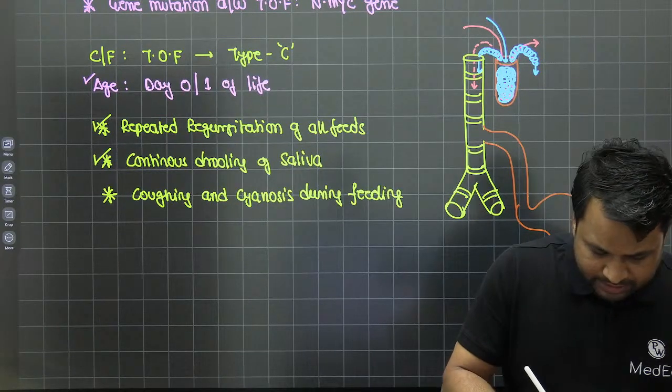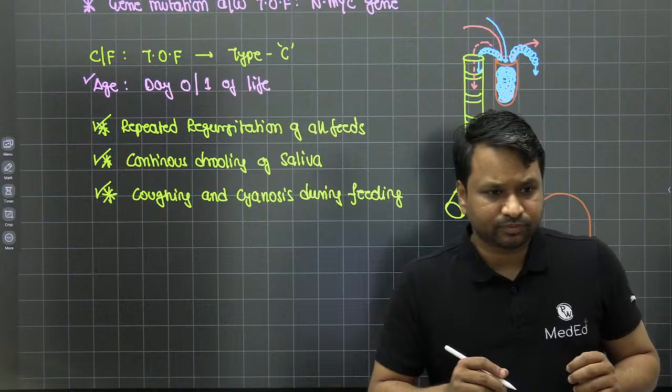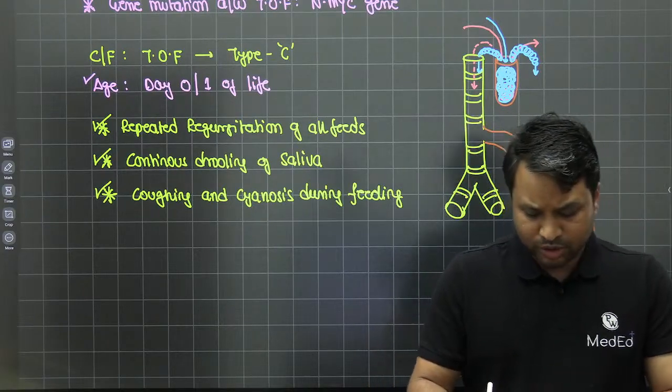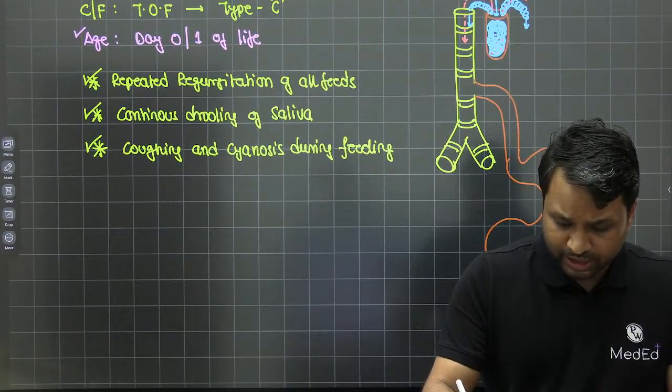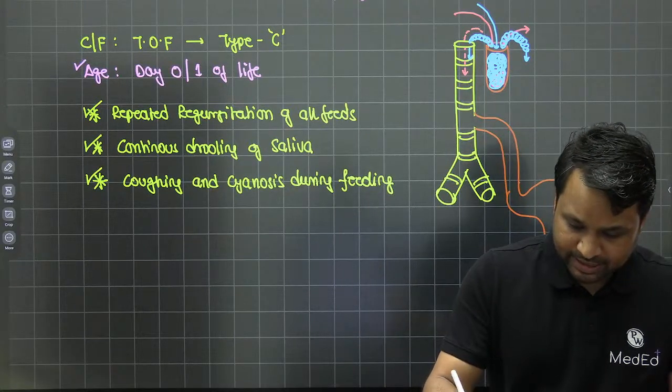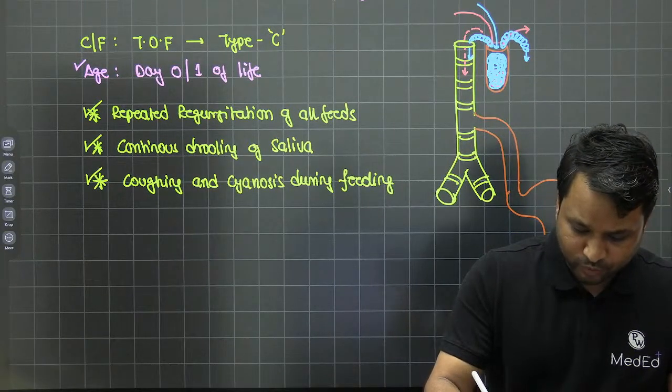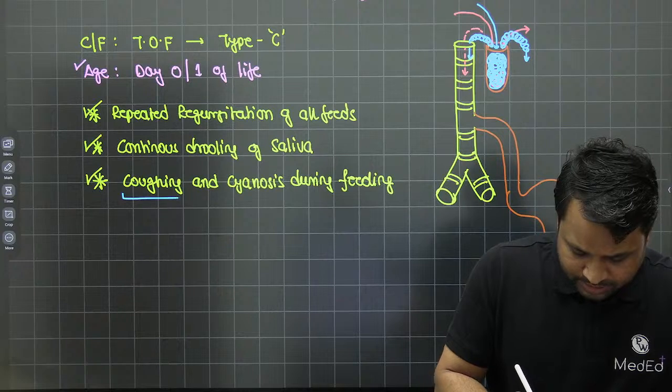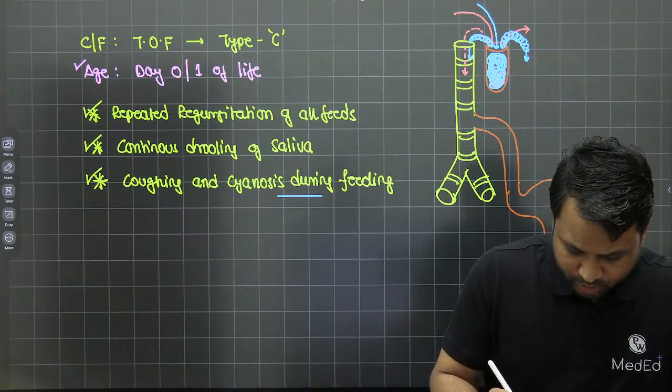Now this coughing and cyanosis during feeding usually occurs because of the aspiration, and this is an indication. Now there is aspiration of food, and I can say this will result in aspiration pneumonia.